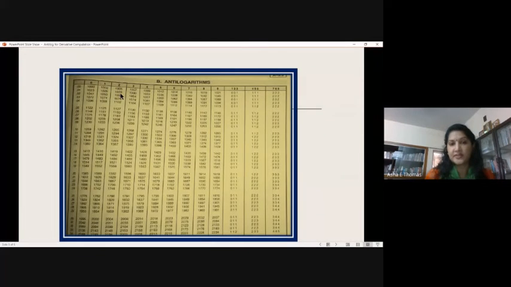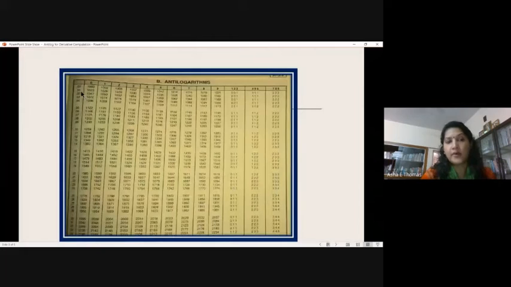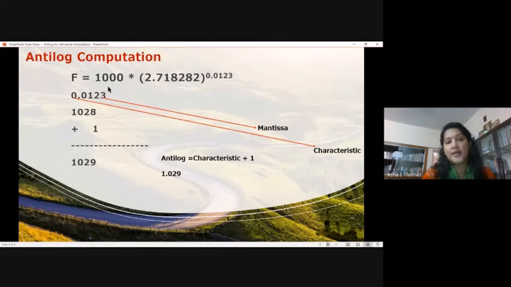Why? Because our decimal was 0.012, so that's why we are going with 0.01. In that, we are going to take the value of 2. That is 1028, that's what I have written here as 1028. Now I have a 3 here.